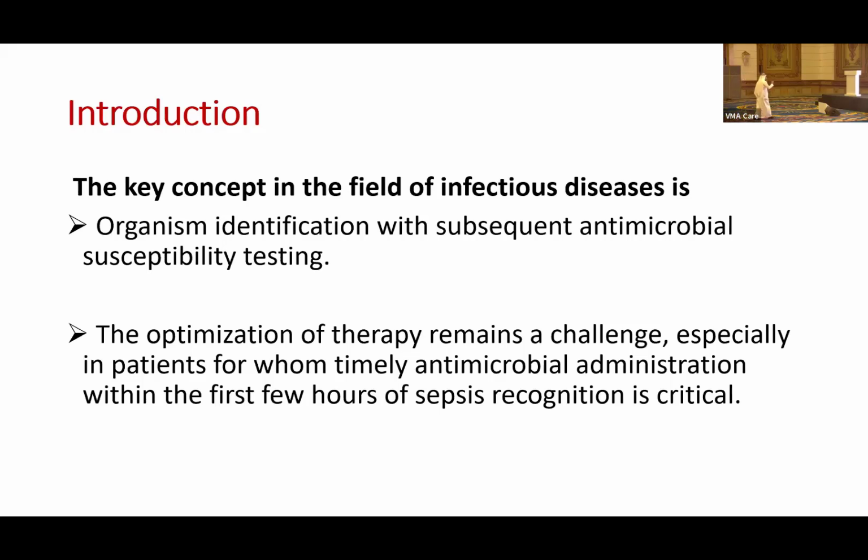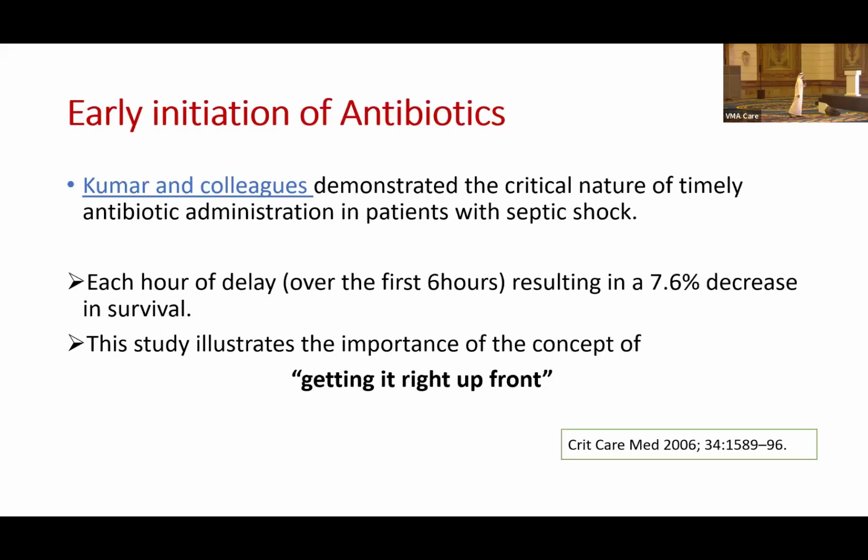So the key concept in the field of infectious disease is what? Organism identification. I need to identify the organism so I can optimize my treatment, especially when the first few hours of sepsis recognition are critical. This is the famous landmark study published by Kumar. This is what he writes, the sepsis guideline.